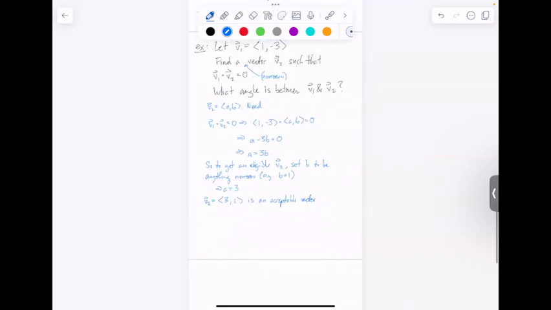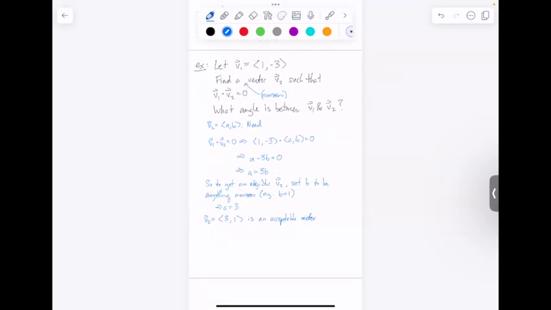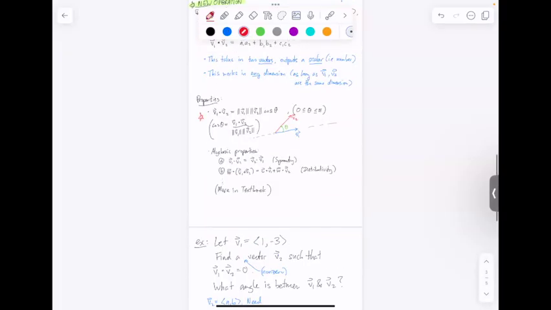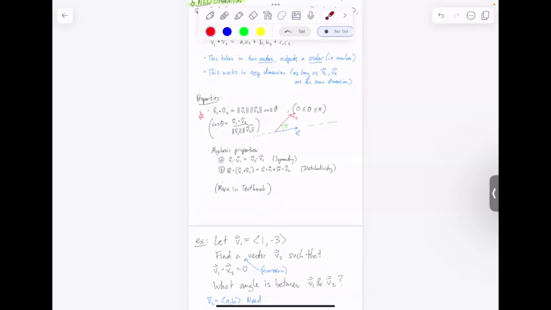And now you could read off what this means. It means that this is orthogonal to V1. Remember, this tells you the angle between vectors, roughly speaking, if you ignore their magnitudes. These are each non-zero.